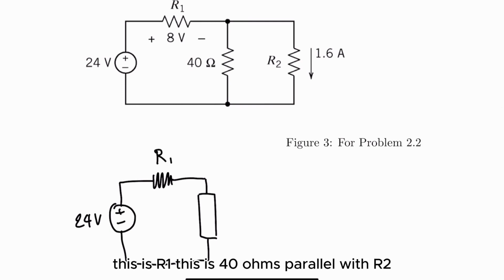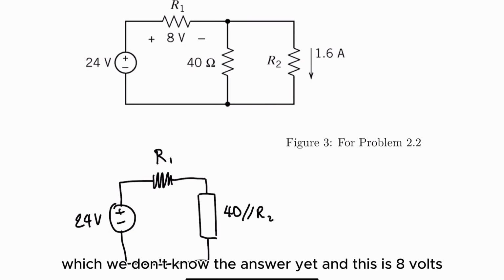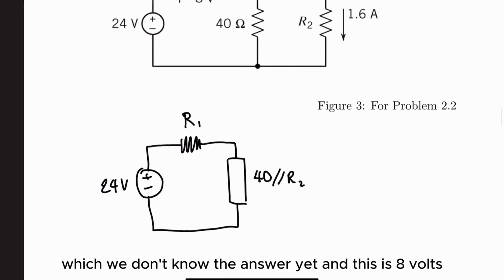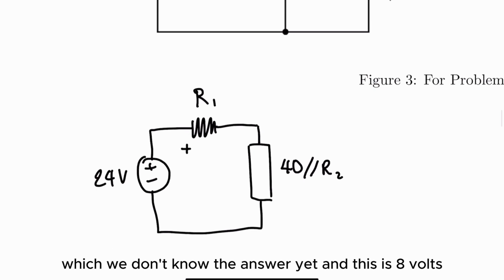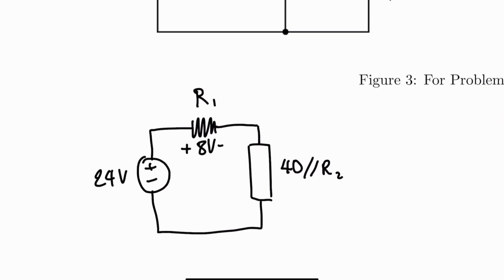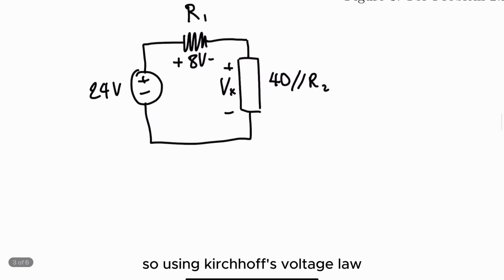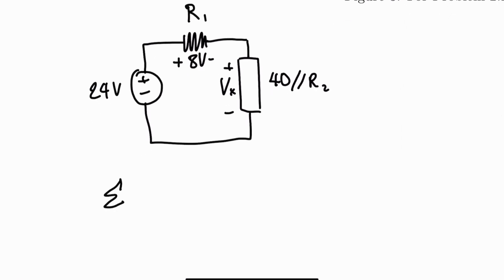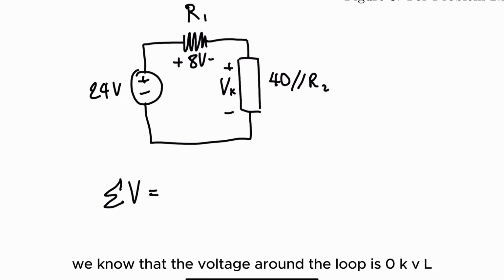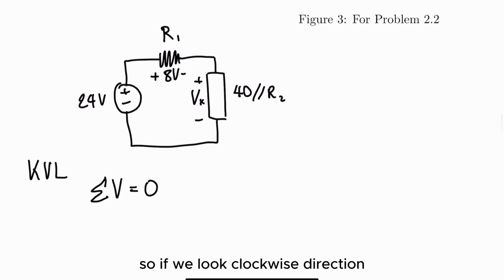This is R1. This is 40 ohms parallel with R2, which we don't know the answer yet. And this is 8 volts. And we can say that this is Vx. So using Kirchhoff's voltage law, we know that the voltage around the loop is 0, KVL. So if we look clockwise direction, let's start from here.